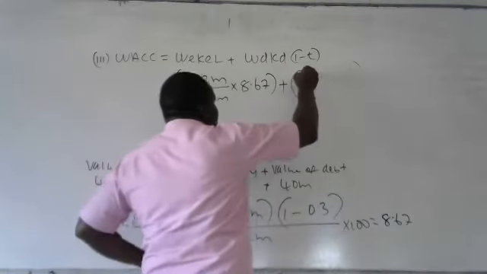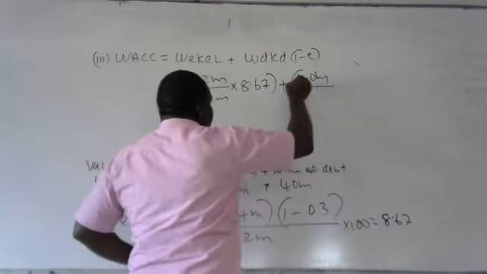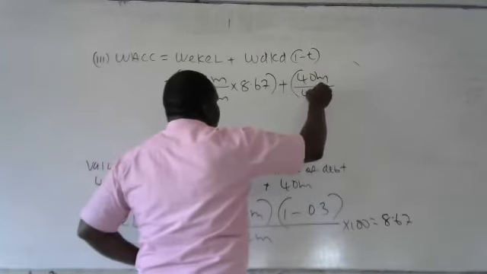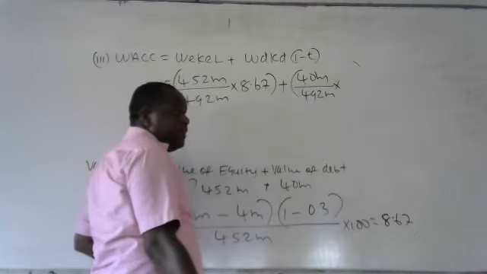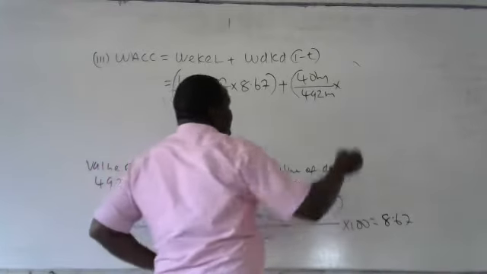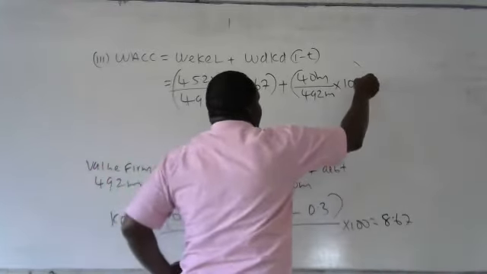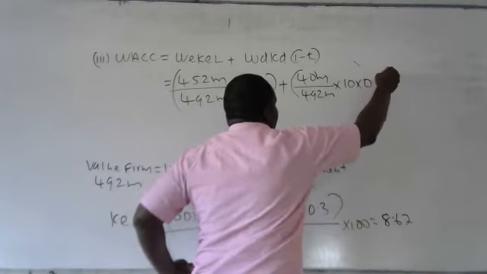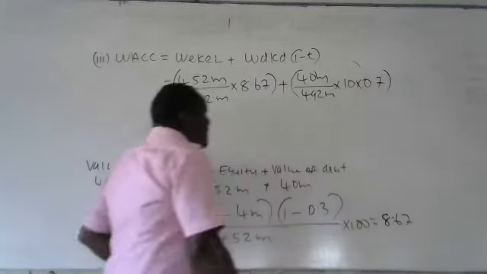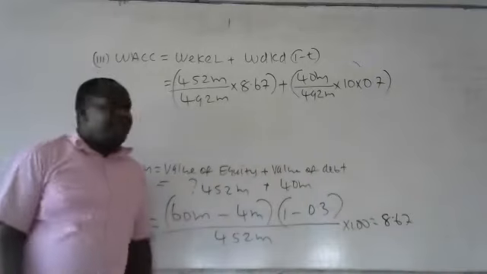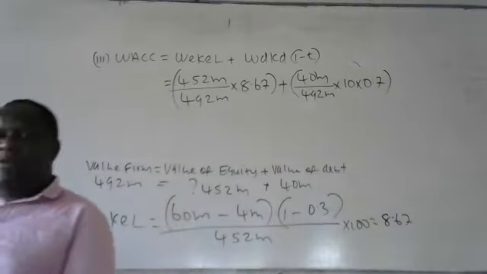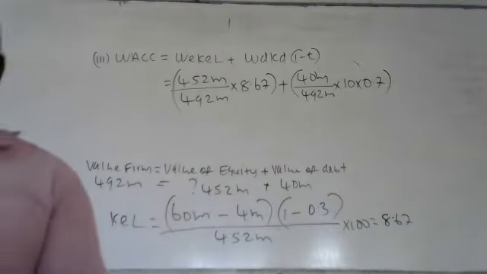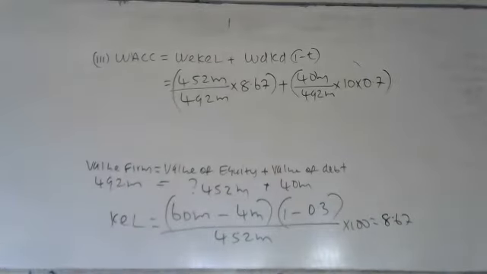You take 40 million, divide by the total, which is 492 million. The interest rate was 10%, so KD was 10%, but multiplied by 0.7, because it is meant to be after the tax.